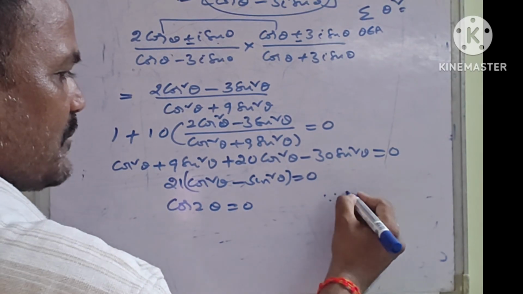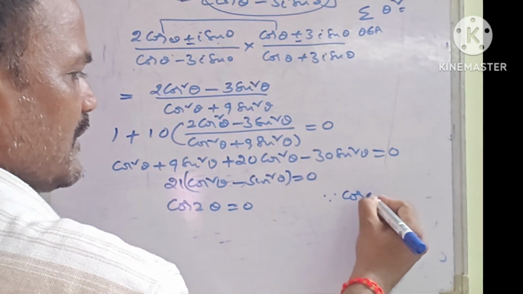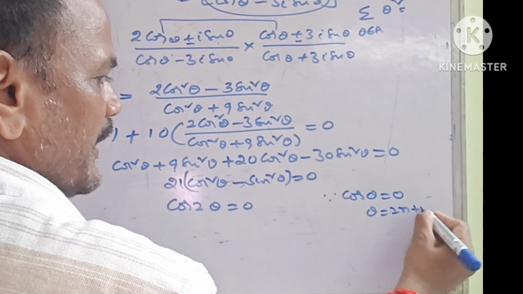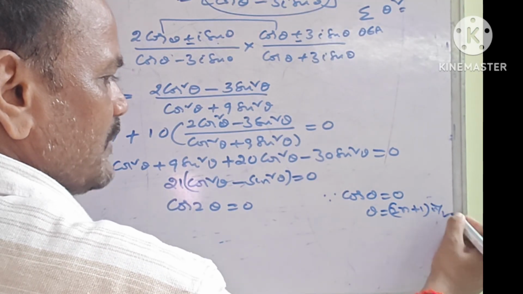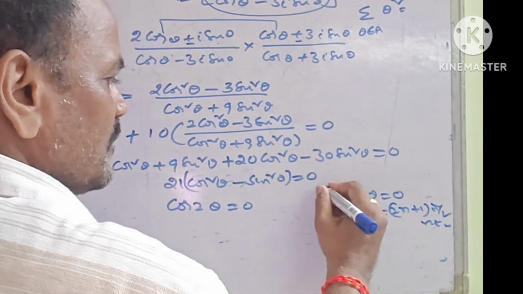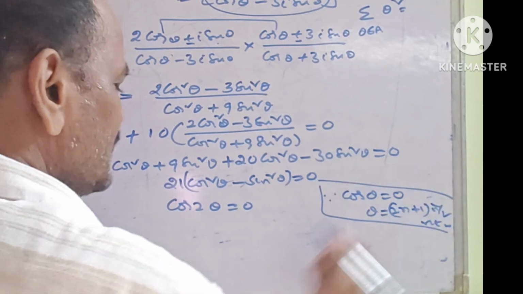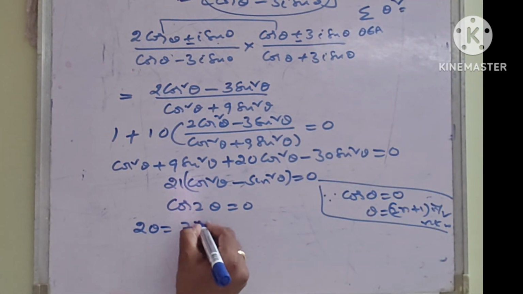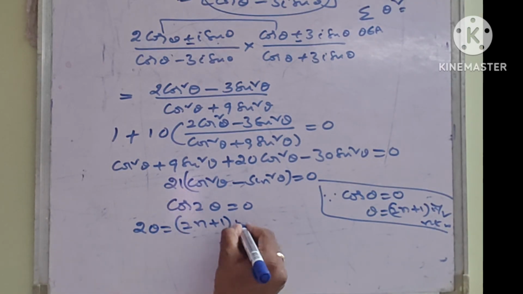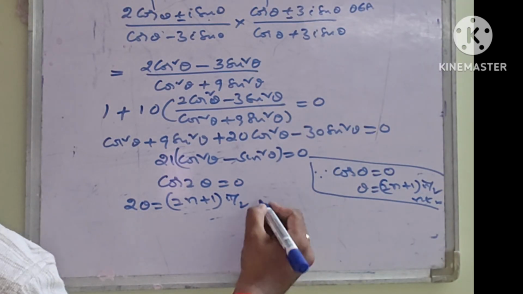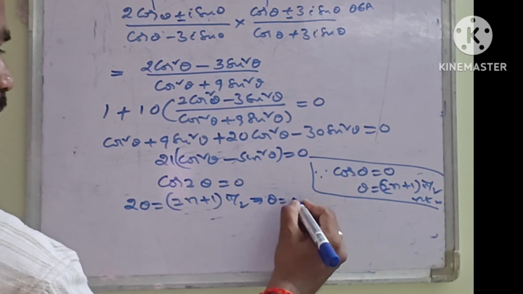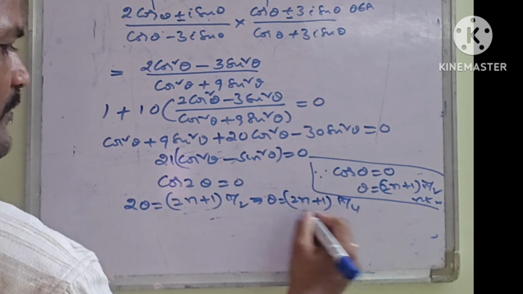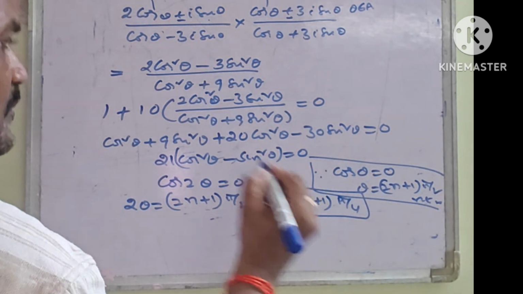So in trigonometric equations, cos theta equal to 0 gives theta equal to (2n plus 1) pi by 2, where n belongs to Z. We know this formula. Now here 2 theta is equal to (2n plus 1) pi by 2, n is an integer. Then theta is equal to (2n plus 1) pi by 4. So that is the general solution.